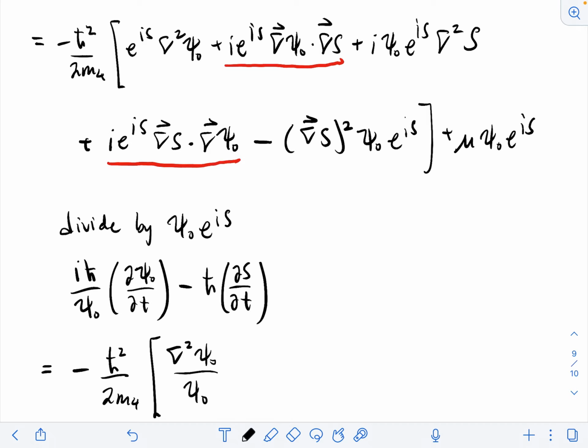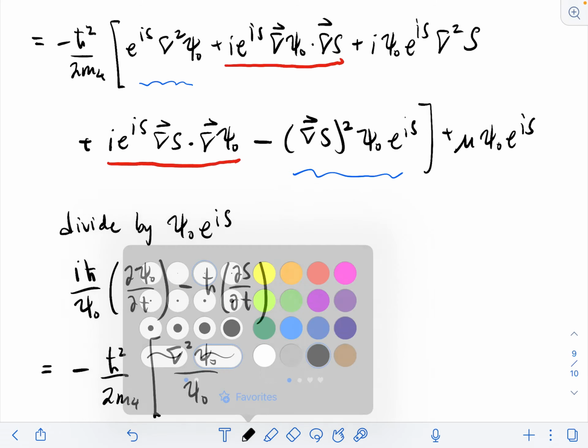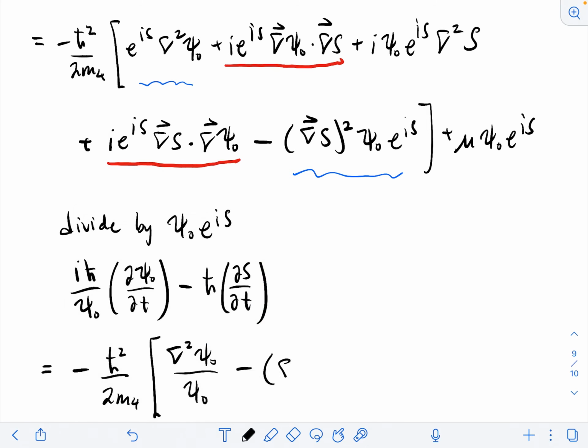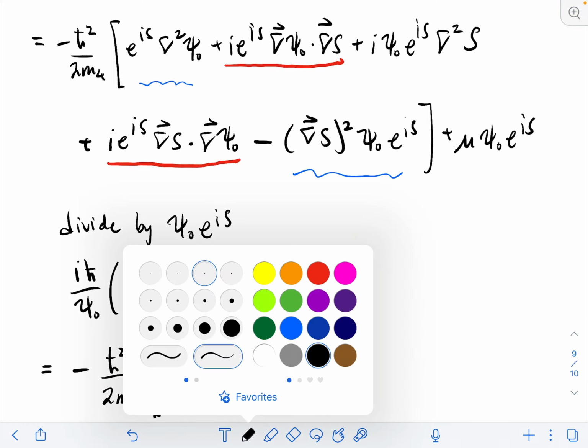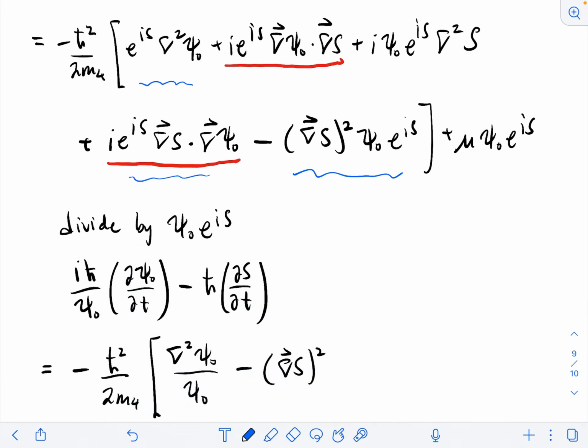And then we have, let's just keep track of the terms that we've dealt with. We've dealt with that first term. I'm going to deal with this one next. We're dividing by the wave function so that all that remains is minus the gradient of s squared. Okay, now we'll think about these two terms together. The exponential is going to cancel. We'll have a 2 because we have two of these terms.